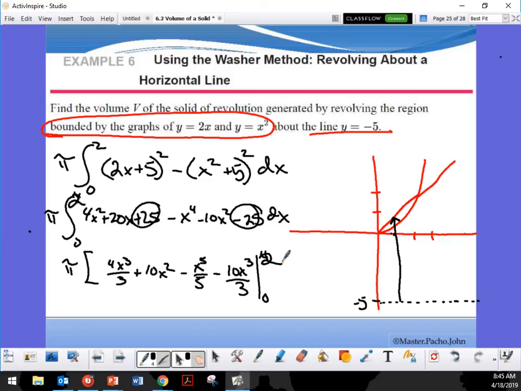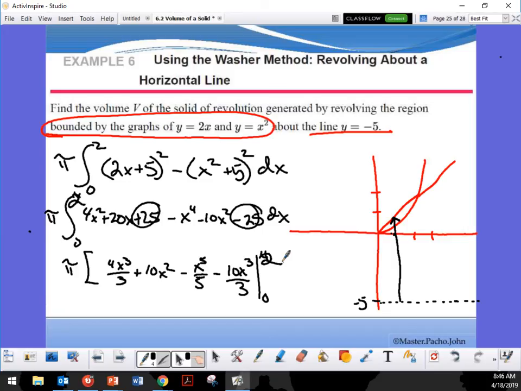All right, let's see. We have 8 over 3, 5, minus 80 over 3.